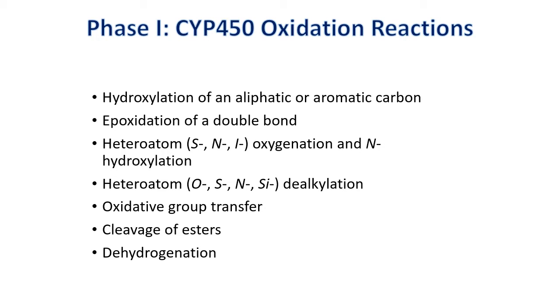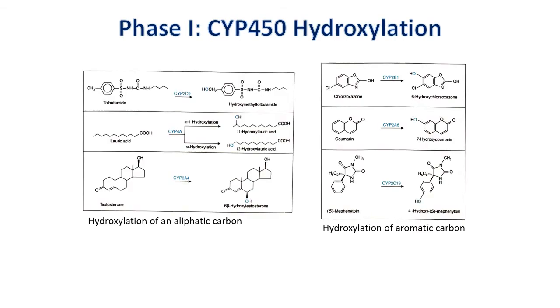Heteroatom oxygenation and hydroxylation, that's nitrogen hydroxylation. Heteroatom dealkylation, removing carbons. Oxidative group transfer, cleavage of esters, and dehydrogenation. So these are just some examples here. I might have used some from toxicology, and some are actually drugs here as well.